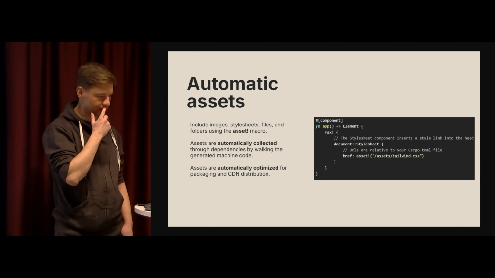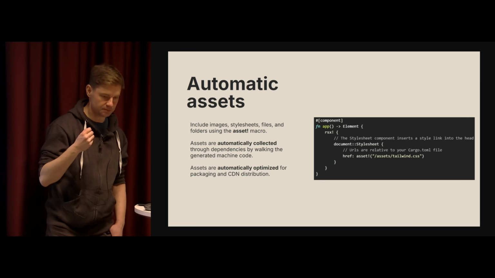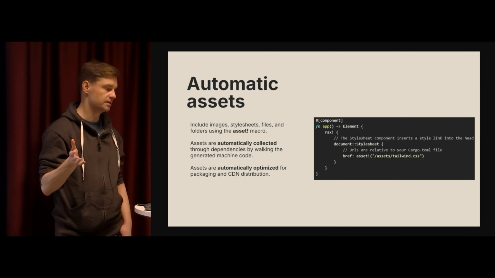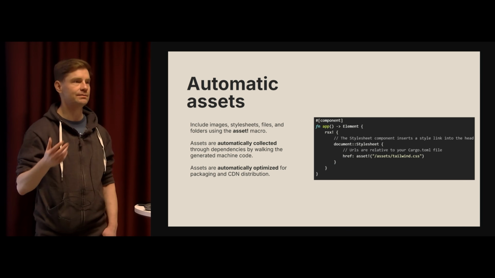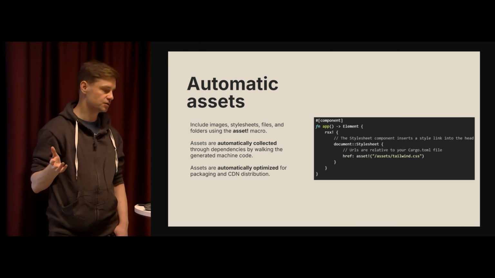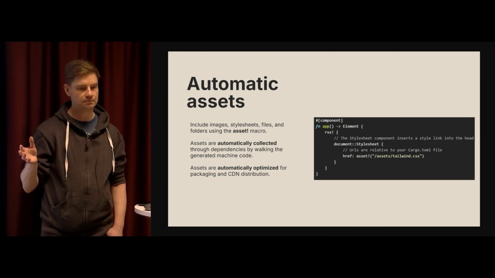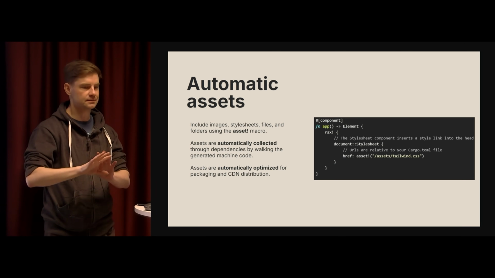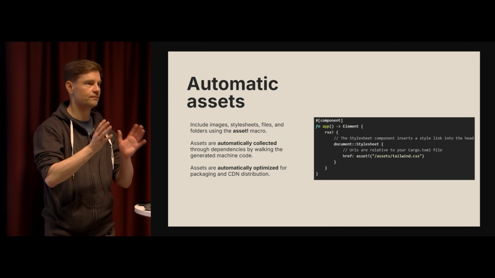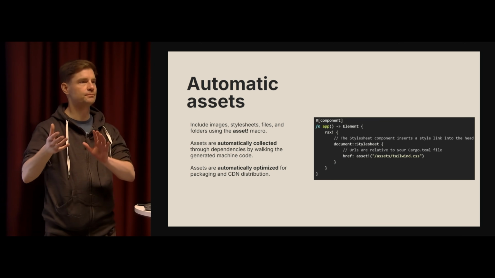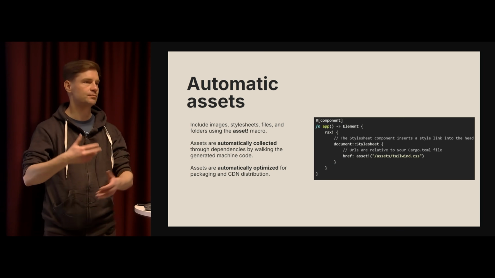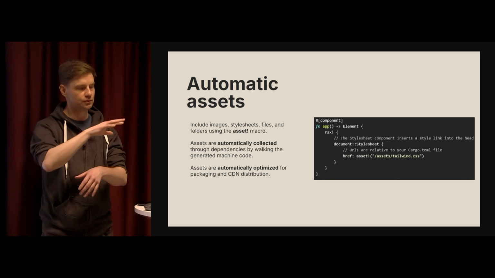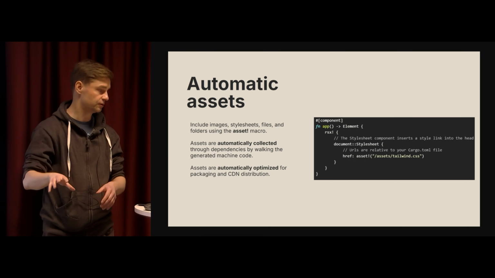And one really interesting fact is that, of course, your application is not only code, but there are all kinds of assets. Especially when it comes to HTML, you need to have CSS, images, fonts, all kinds of stuff. And in traditional web application development, these are a side path: they are not part of your application, but there is a different processing step that then collects and processes these assets, and you have to declare them separately, or it just goes through all your files and tries to do these things.